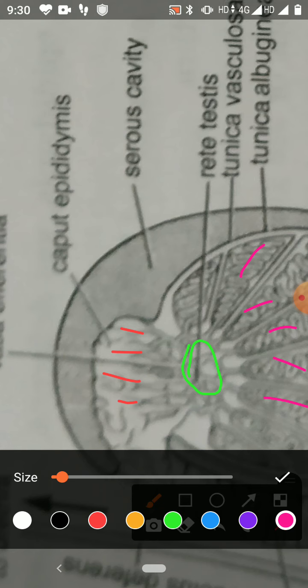Spermatozoa are produced in the seminiferous tubules. They come into the rete testis. From the rete testis, they come into the vasa efferentia, and from the vasa efferentia, they pass into the epididymis, where they are stored, and there is maturation and motility of spermatozoa.